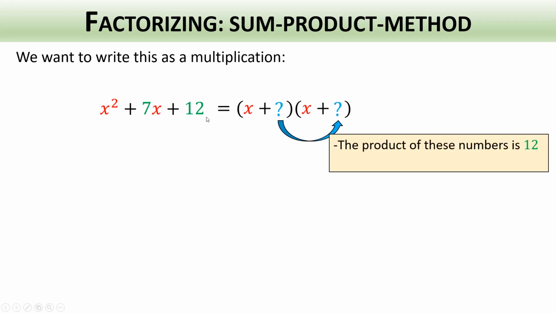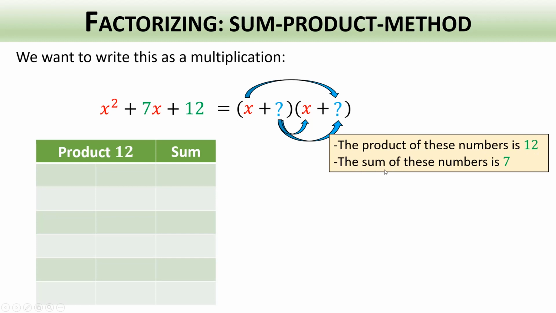So we know that the product of our numbers has got to be 12. And the other clue is that we multiply both of these numbers by x at some point. And then we add up the results to get 7x. So the sum of these 2 numbers has got to be 7. So we are looking for 2 numbers, in short, whose product is 12 and whose sum is 7.